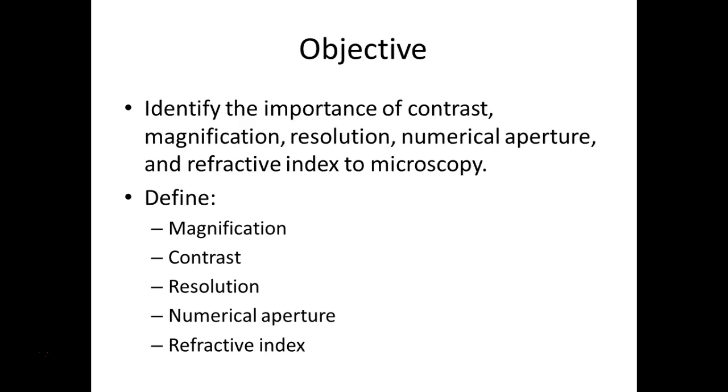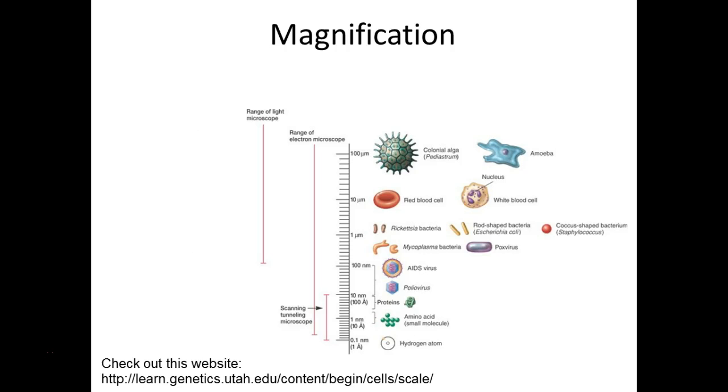And then, especially with light, we have to deal with refraction of that light. Different substances refract light differently, which is referred to as the refraction index. So we'll look at each one of these and talk about their importance as it relates to microscopy.